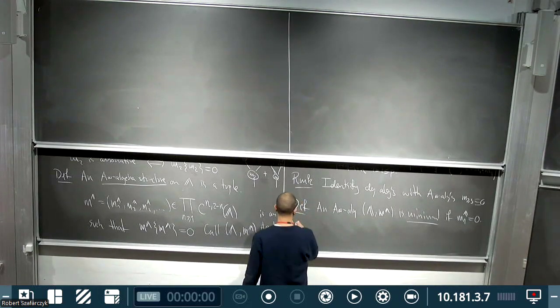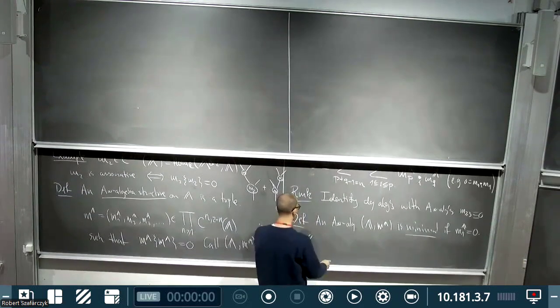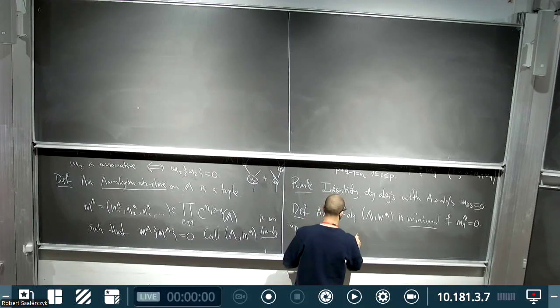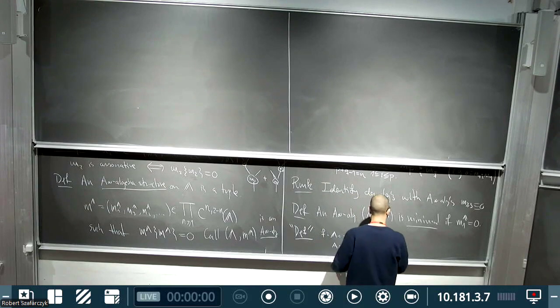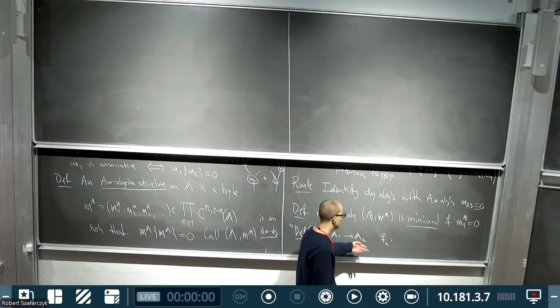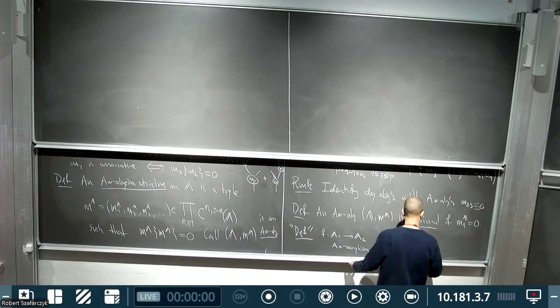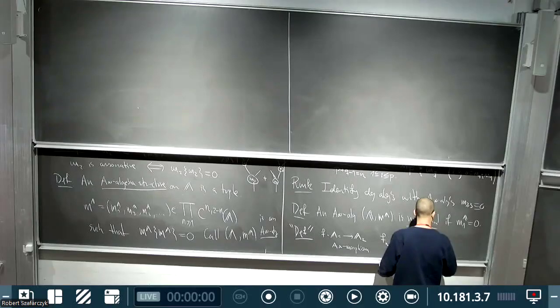There is a suitable notion of A infinity morphism between two A infinity algebras. This consists of various operations F_n going from lambda 1 to lambda 2 of arity n and degree 1 minus n.